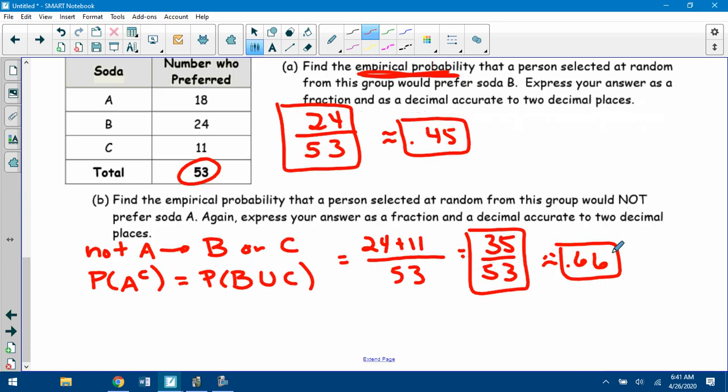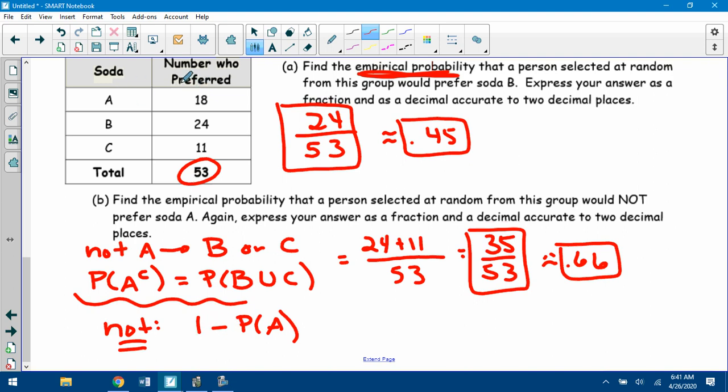Now, just as one final side note, another way to do not probabilities is to do 1 minus the probability of the opposite thing happening. So remember, the total probability, if they prefer A, B, or C, would have to be 1. You have to prefer one of the three. So take the total possible probability and minus off what you don't want.